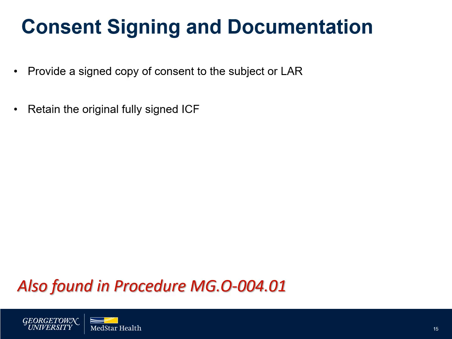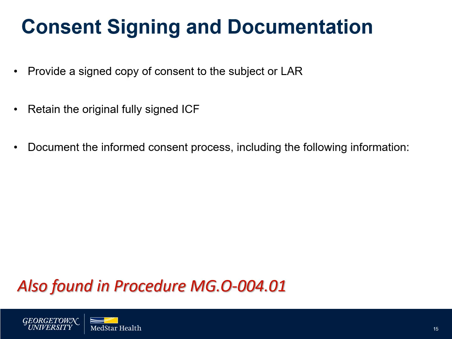An original or certified copy of the entire signed consent form must be retained in the study records. The research staff performing the informed consent process must document that the process has occurred in the electronic health record, or use a narrative consent note, which should be filed together with the consent form in the study binder.